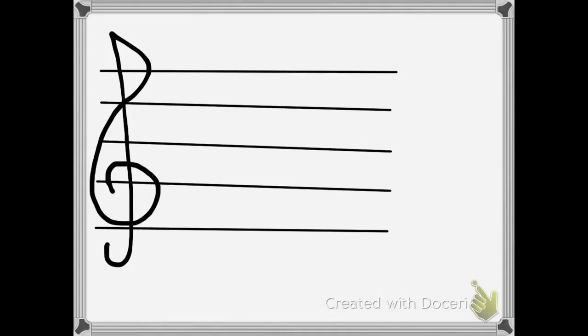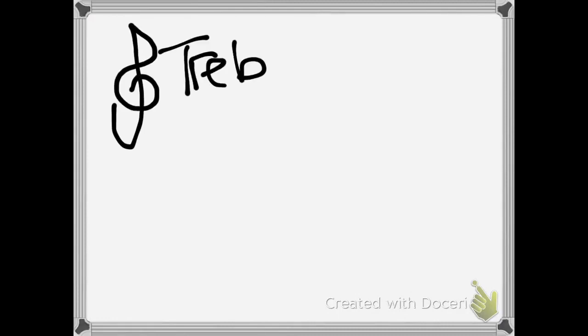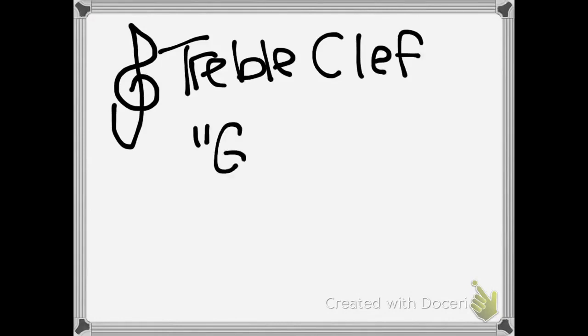So, to review, at the beginning of every piece of violin music, you're going to find one of these, which is a treble clef. The other name for treble clef is the G clef, because it outlines G with its circle here.